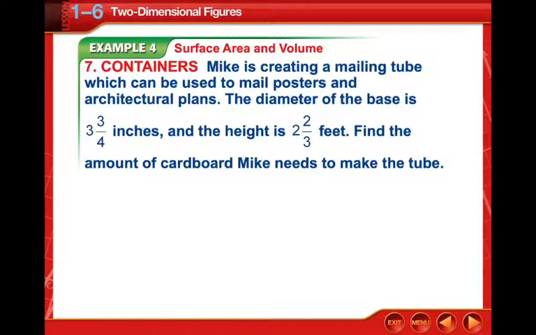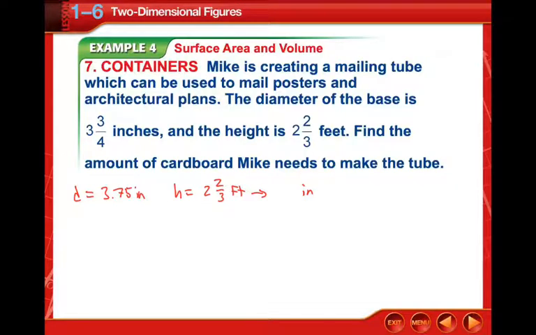So our diameter of our base is 3.75 inches. And then the height is equal to 2 2/3 feet. To get that into inches, there are 12 inches in a foot, so you just multiply by 12. 12 times 2 is 24. 2/3 of 12 would be 9. No, sorry, 8.